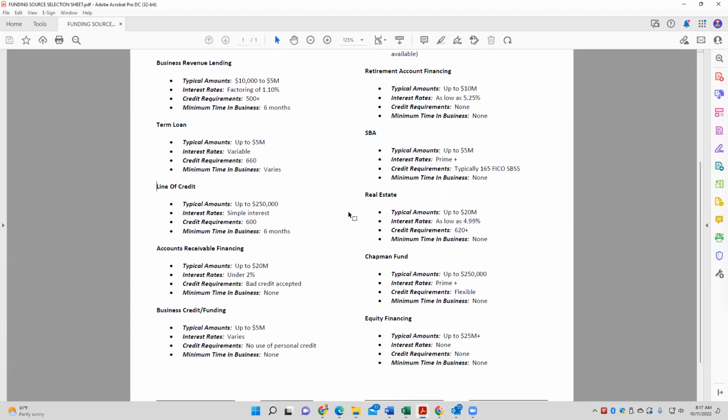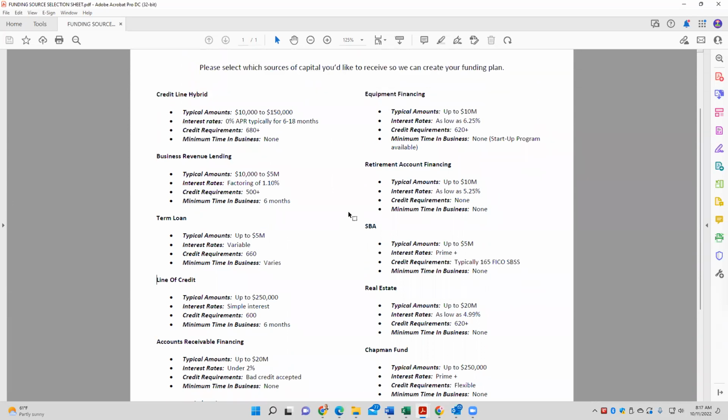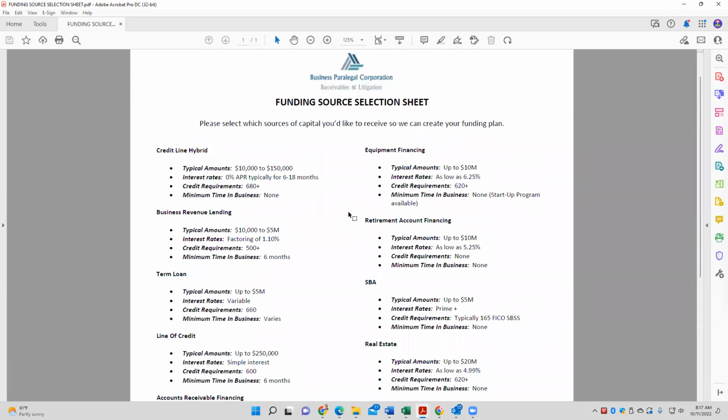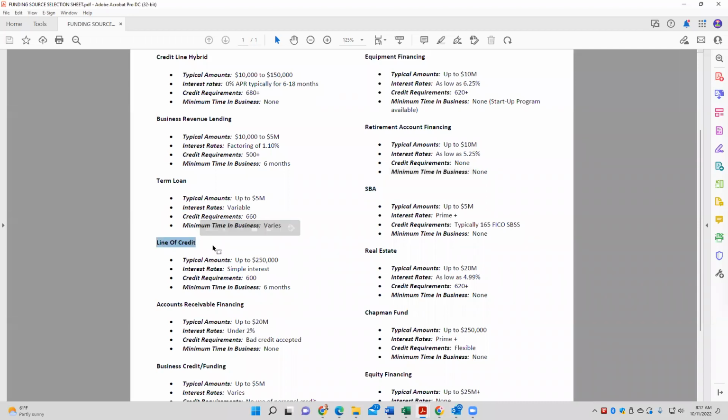Another purpose is to use it with your prospects to give them a more tangible understanding of how you and I can help them, most likely through the Access to Capital program, that prompts them to want to move forward. Because if they're wanting a credit line hybrid, or an SBA loan, or a line of credit, great.